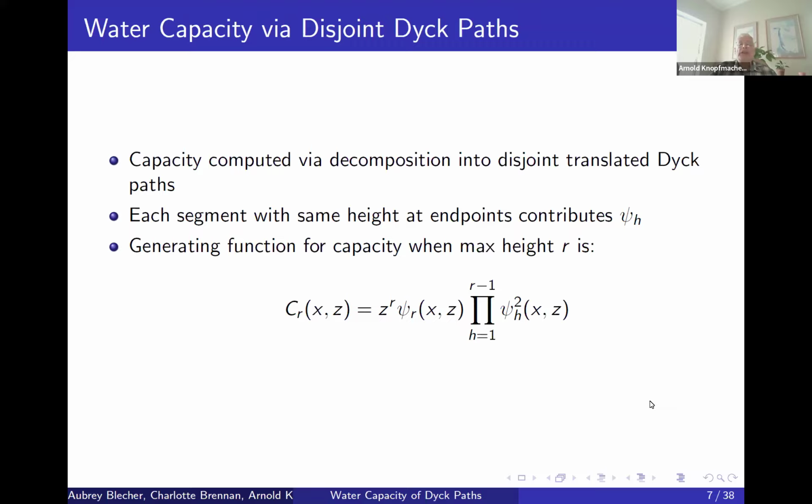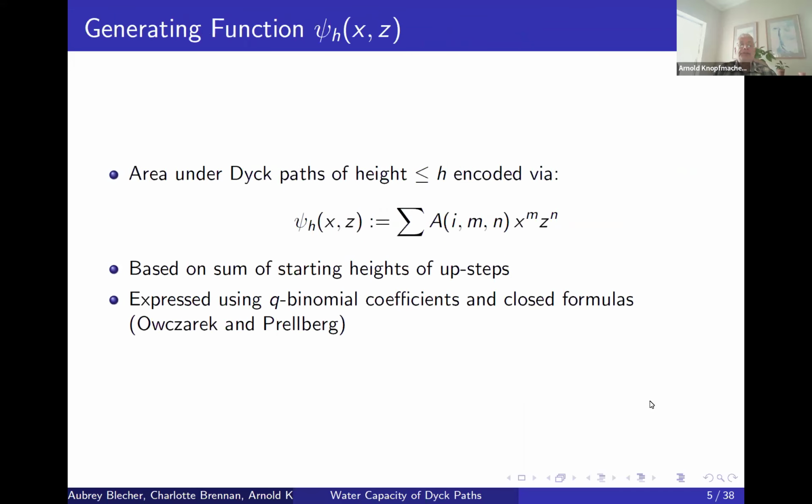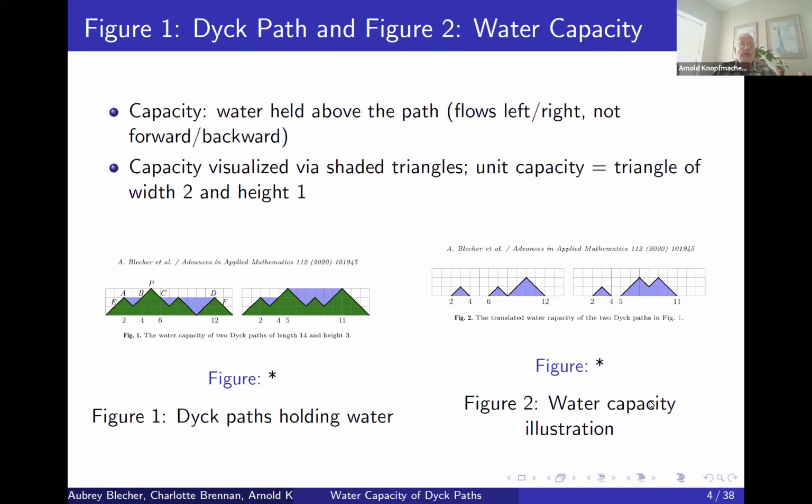And after we've taken care of the middle, we can move left and right and look at water that is lower down in the path. That leads to the product of phi h squared of xz. Again, if you look back at the picture, in figure 1 at the right hand side, you'll see we have a big water pool at the highest level.